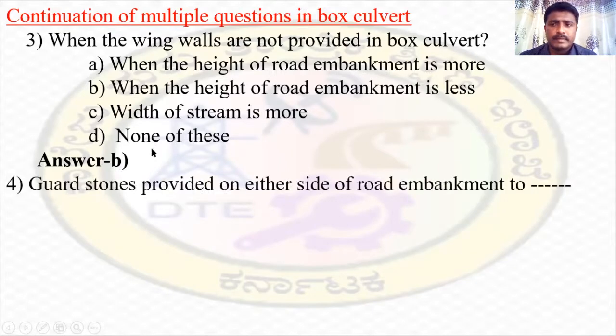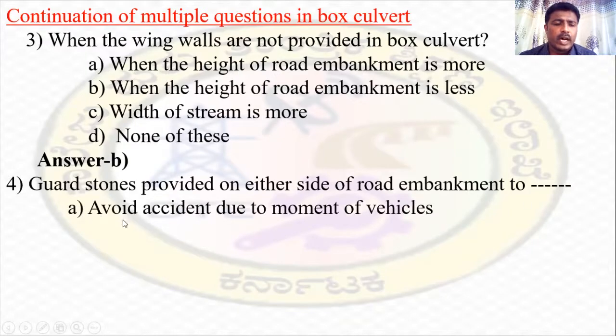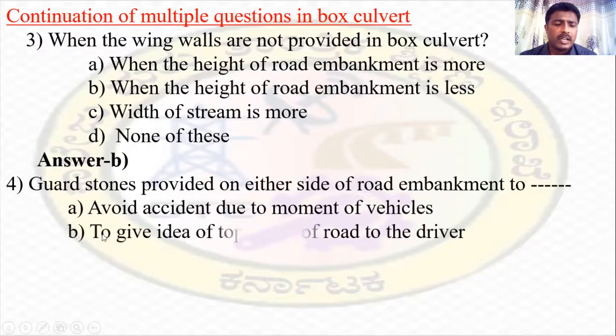Next question. Guard stones provided on either side of road embankment to dash. So option A, avoid accident due to movement of vehicles. Option B, to give idea of top width of road to the driver.